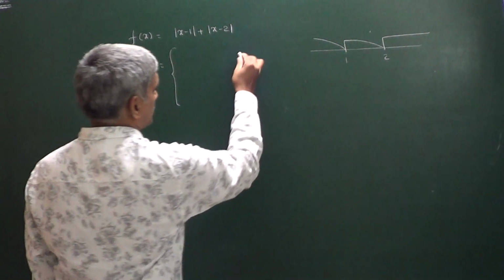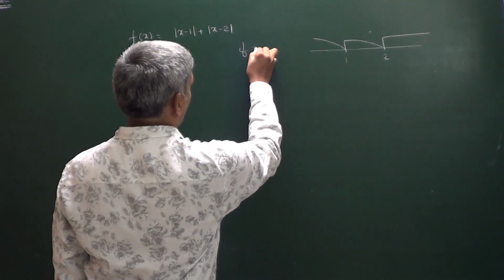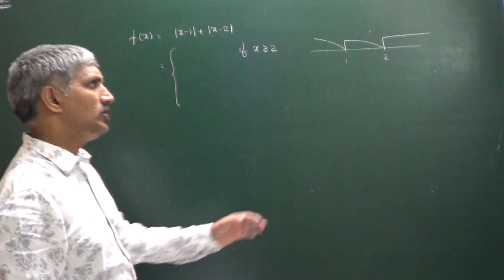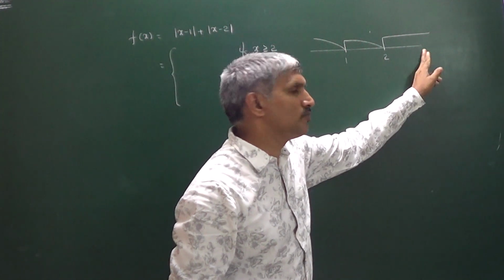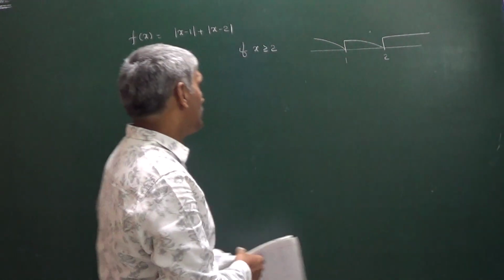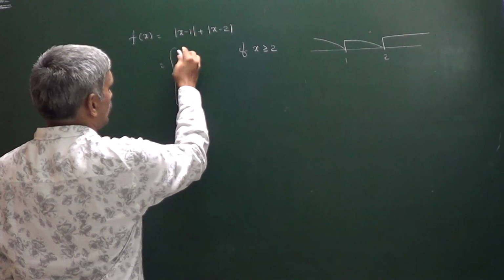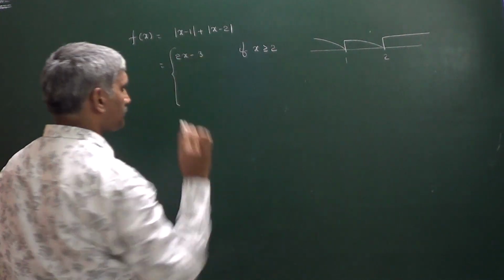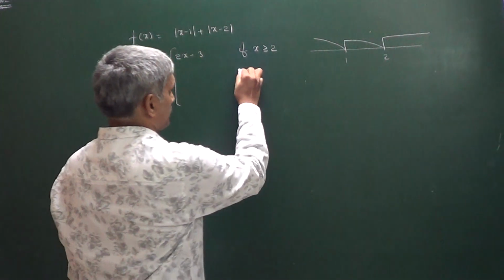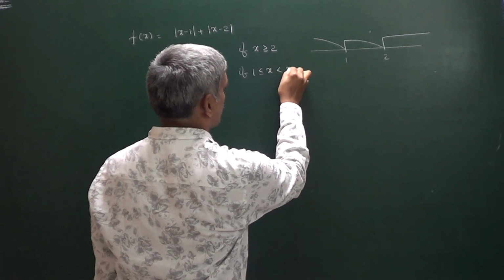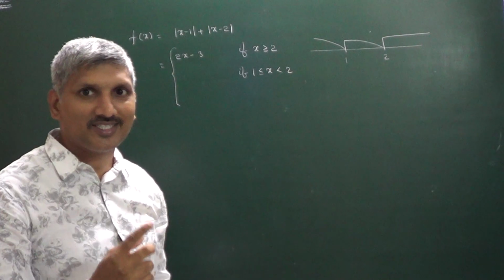The first case is if x values are greater than or equal to 2. X values greater than or equal to 2 means no doubt already x values are more than 1 also. That's why both become positive. So we are getting 2x minus 3. Right? Next, if 1 is less than or equal to x less than 2, that means x values are less than 2.